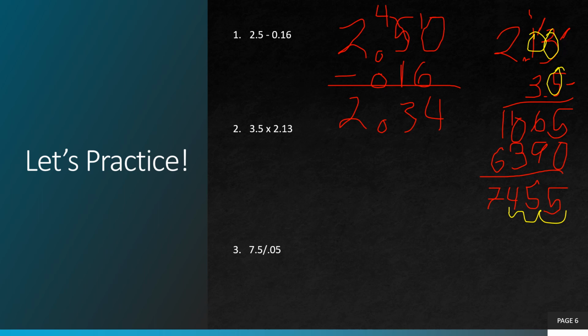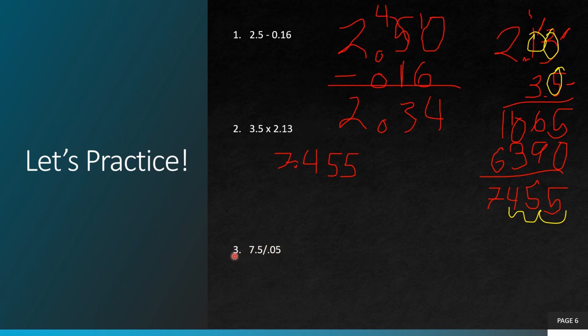So then our answer for that is going to be 7.455. And we know that that works because of the 3 that were set up before, going back into the bottom to make sure that we have the exact amount of decimal places. And now we go down to number 3.